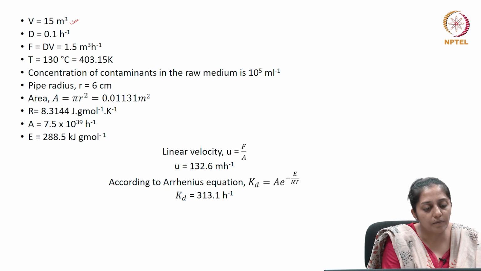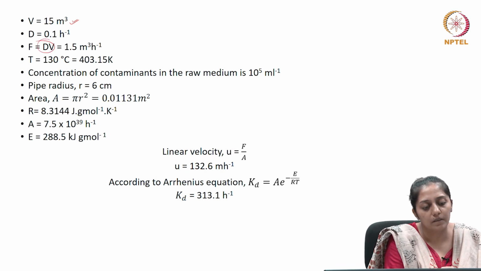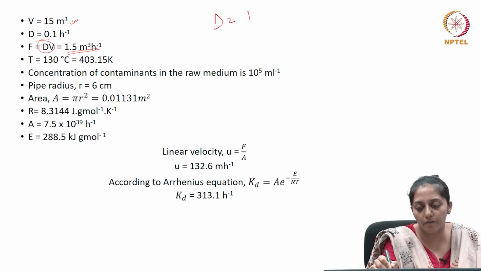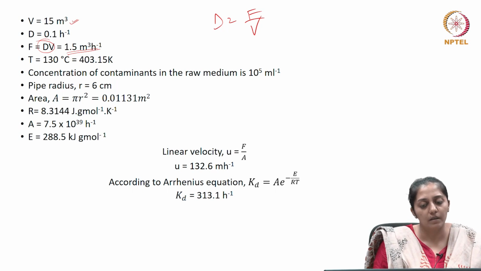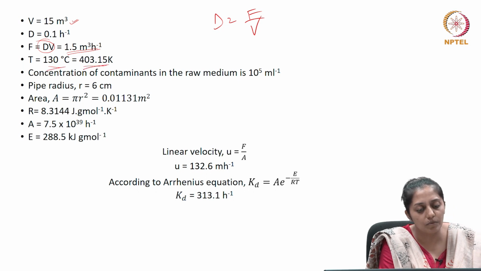So, the volumetric flow rate can be calculated using the dilution rate and the volume, which comes out to be 1.5 meter cube per hour. Dilution rate is nothing but F by V, where F is the volumetric flow rate and V is the volume. Then the temperature is given as 130 degrees C, so we convert it into kelvins.